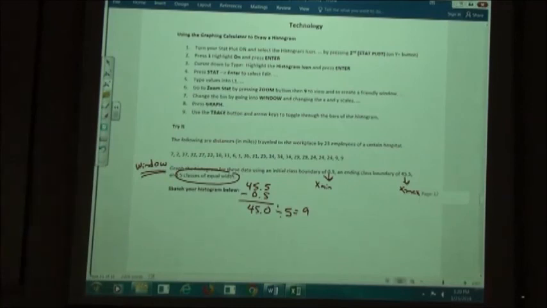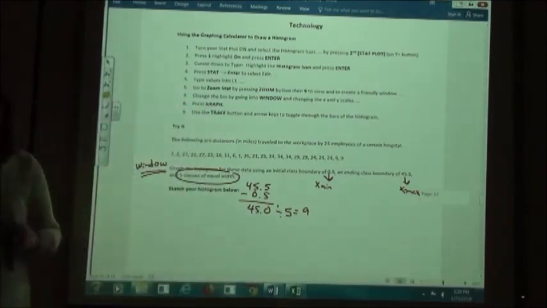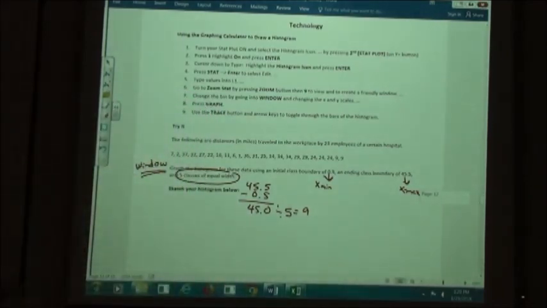So then you're going to sketch what you got on your paper. If I hit trace, my first one is at 6, looks like. Then 2, then 6, then 8, and then 1. So just sketch that on your paper.